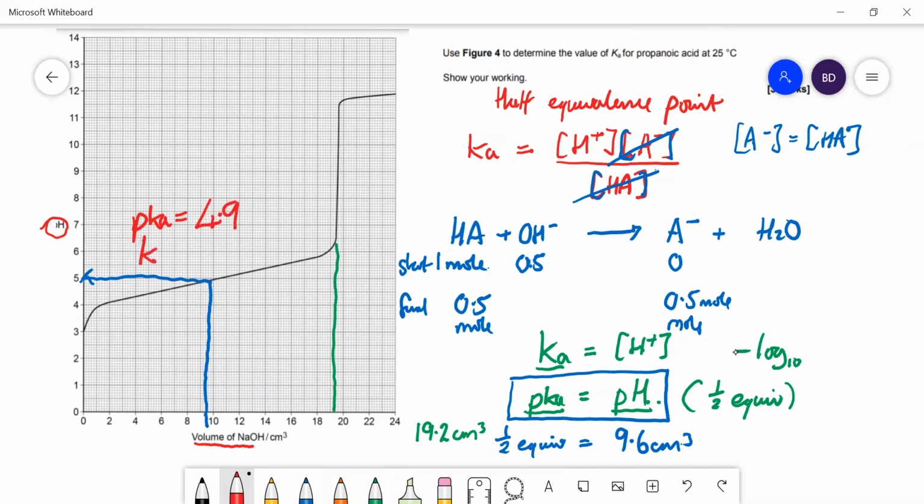So Ka is equal to 10 to the minus power of 4.9, which is equal to 1.26 times 10 to the minus 5.